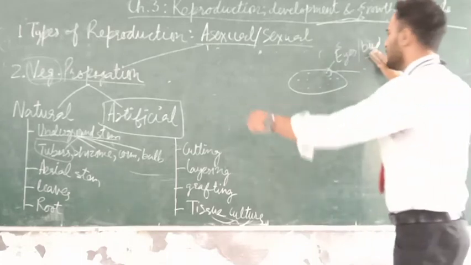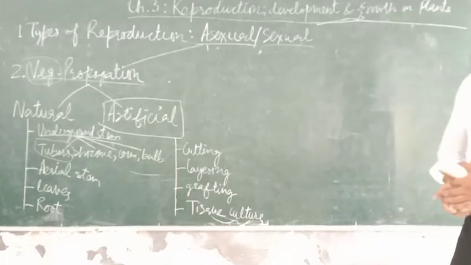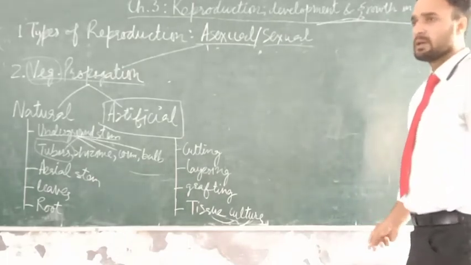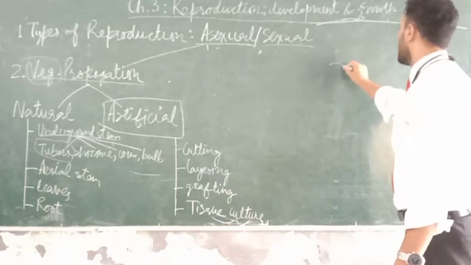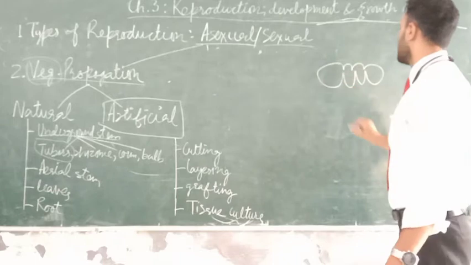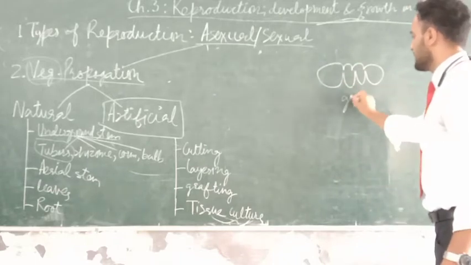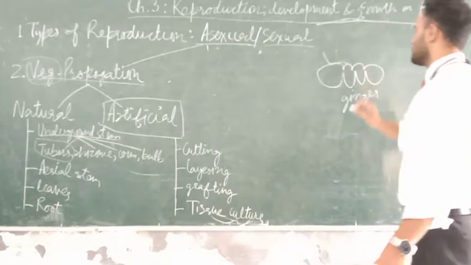Next one is the rhizome. What are rhizomes? A rhizome is an underground stem with distinct nodes and internodes, as in the case of ginger. Doesn't ginger look like this?